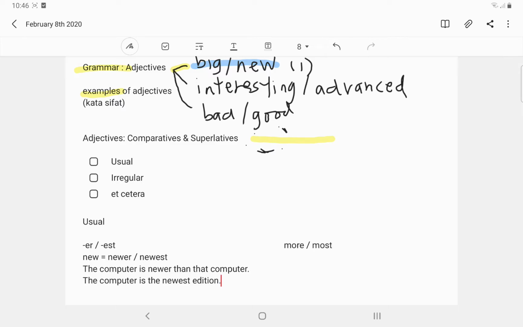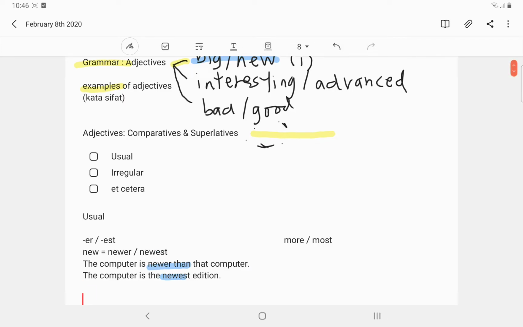I'm not very good with this, but anyway, the newest addition. So apa yang I nak tunjuk dekat you adalah penggunaan ER dengan penggunaan EST. And then the same one applies to perkataan like big. So big, it can be bigger ataupun biggest.